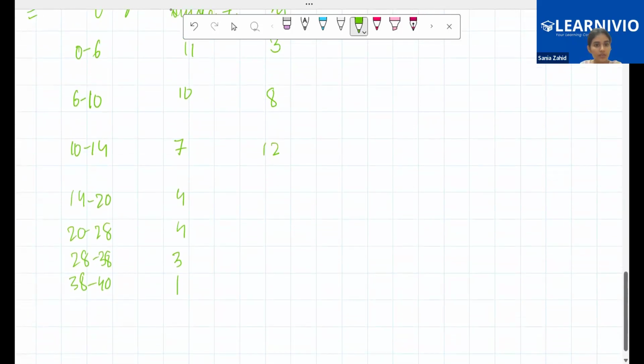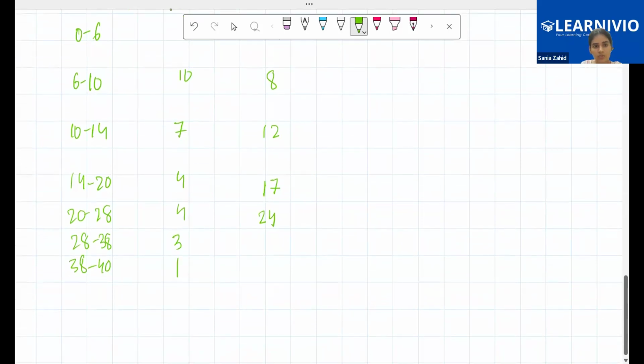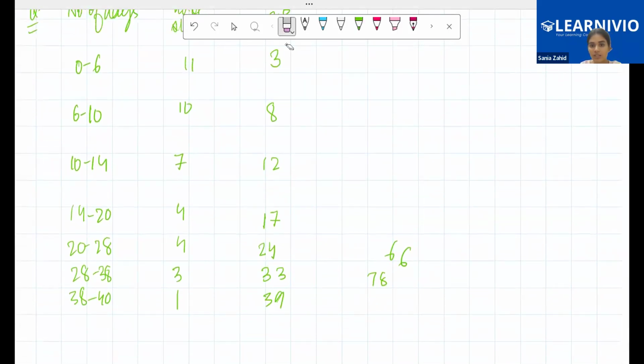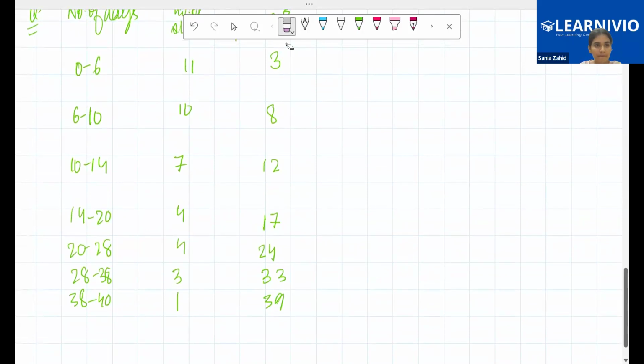Then here you have 17, you have 24, then you have 33, and 78, half will be 39. Did you get these values?